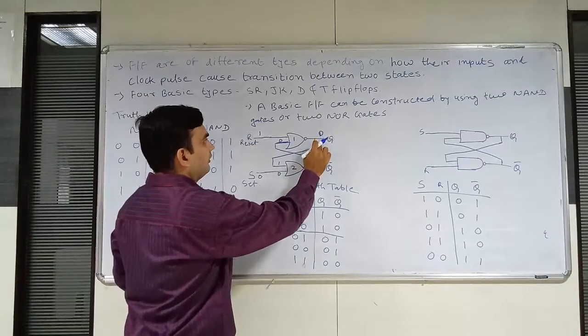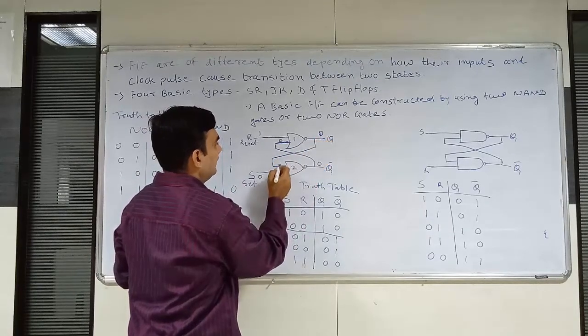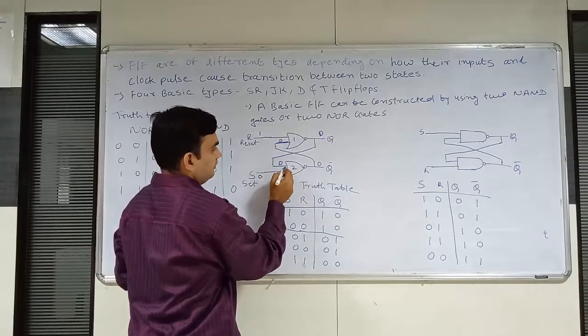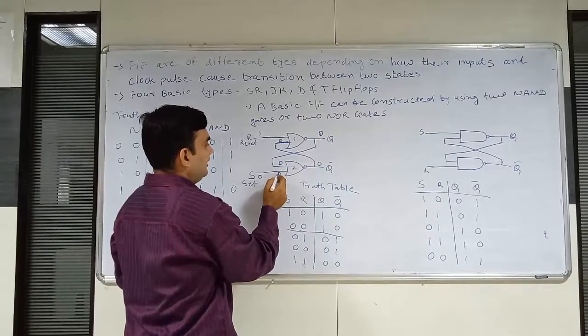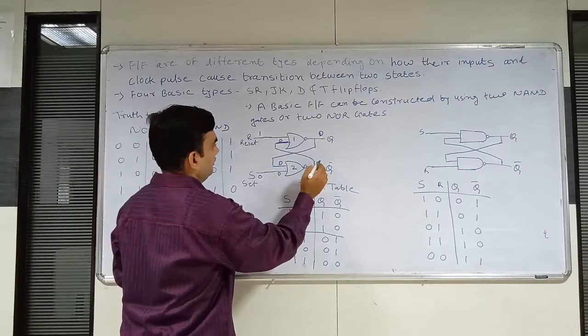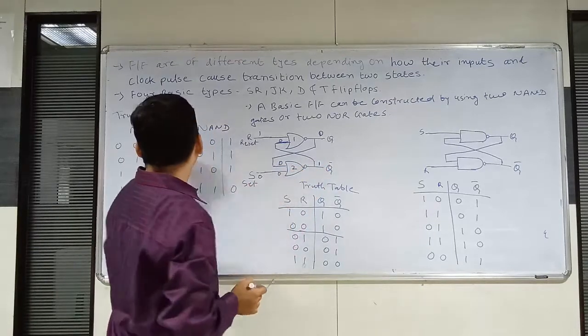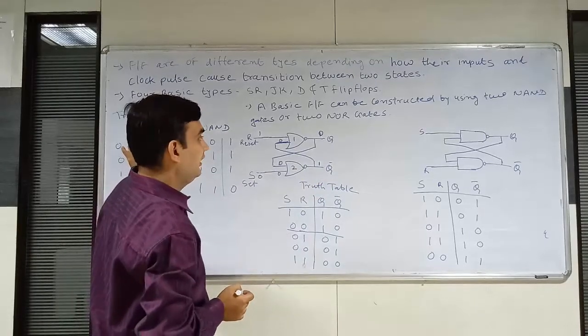Here from the Q we will receive 0 here. So 0 and 0 will be equal to 1 here from the truth table of NOT gate.